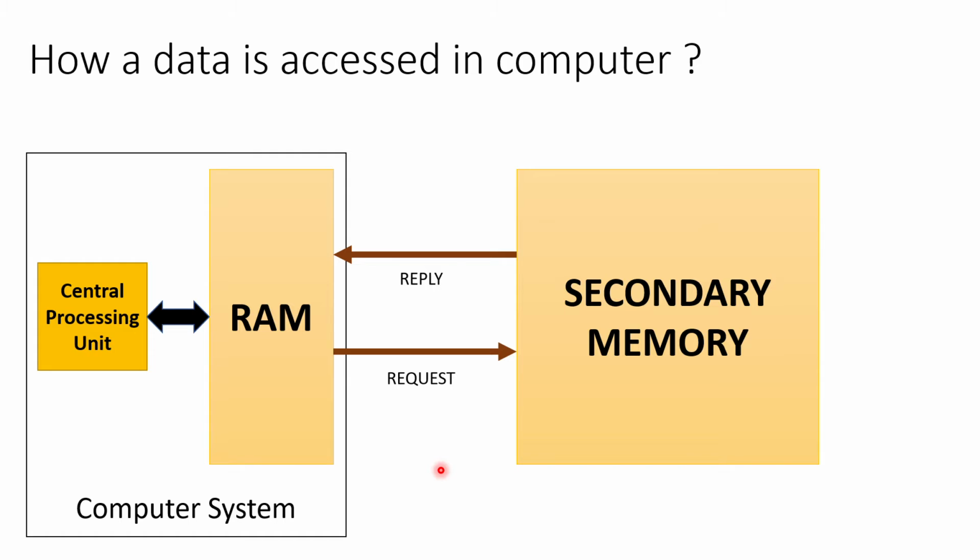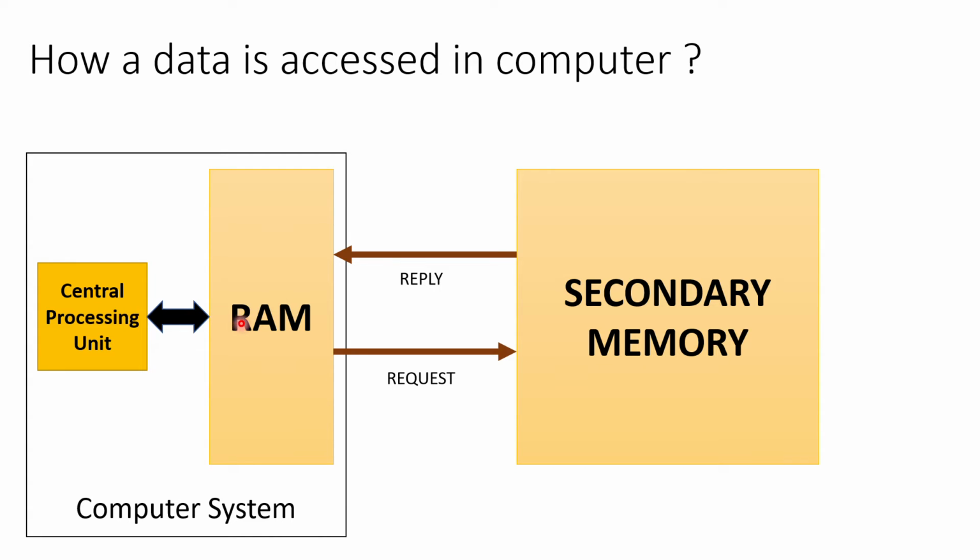And you see, when data is required which is present in the secondary memory, the central processing unit starts requesting this data from the RAM, because the CPU can only communicate with RAM. The CPU first requests the data from the RAM, and if the data is found, then RAM directly sends the data to the CPU.